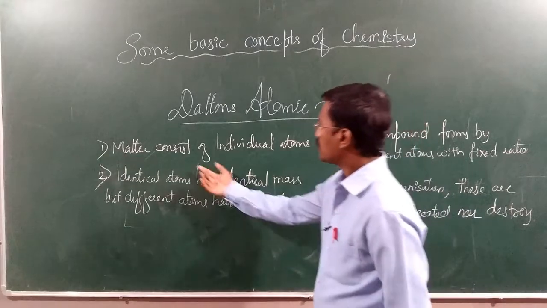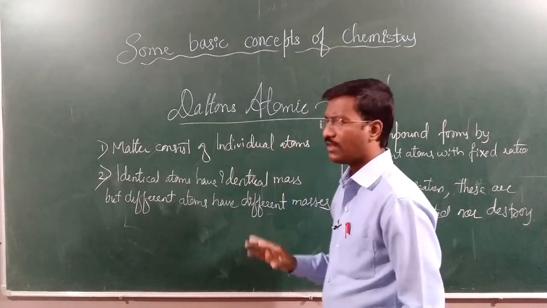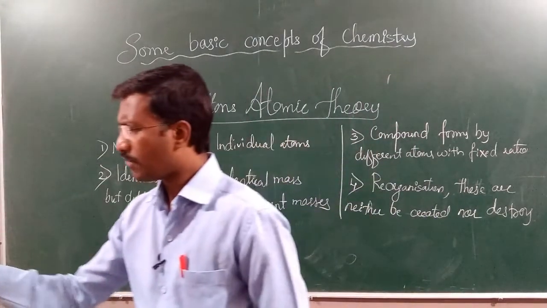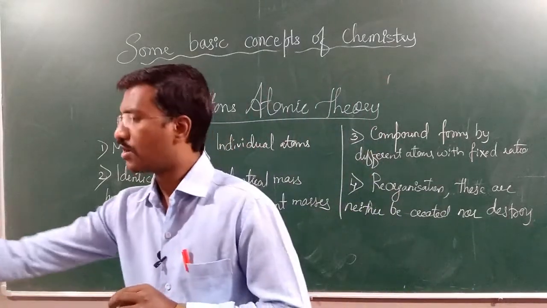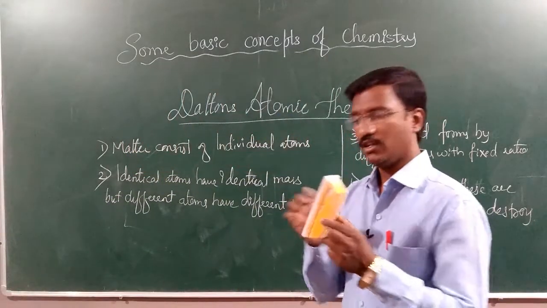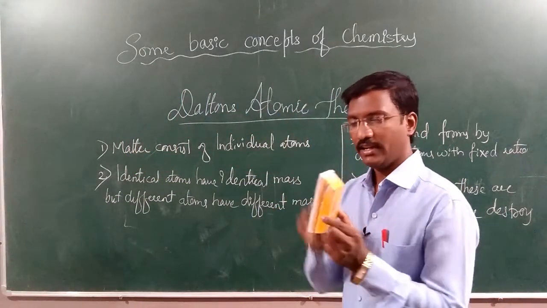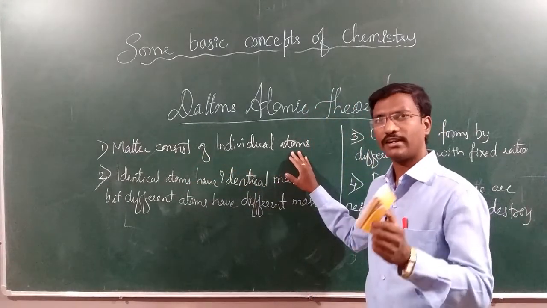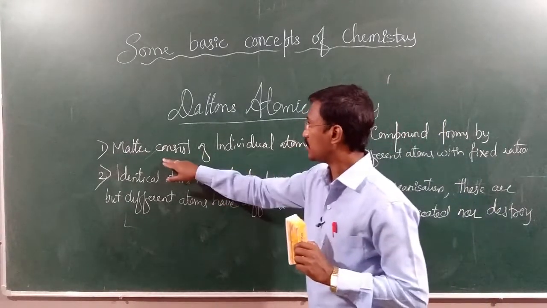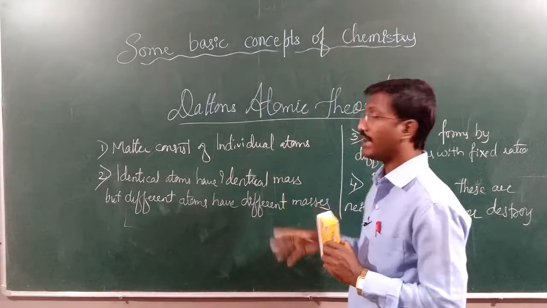If we take an example, this chalk box, or you can take the example of a duster. This duster is a matter. It is made up of many atoms. But the first condition is that matter consists of indivisible atoms.